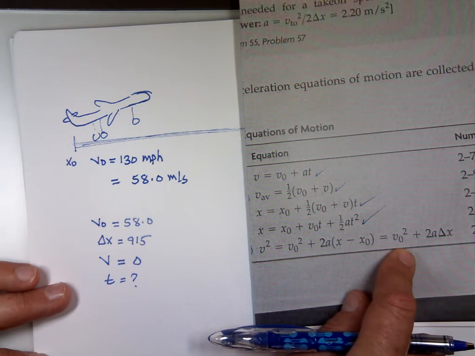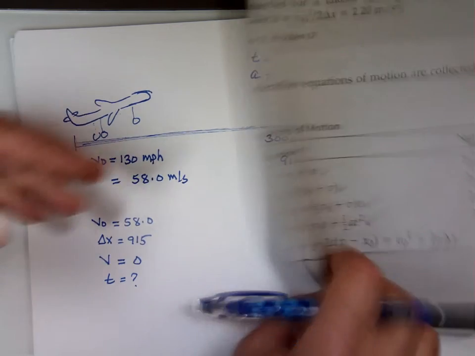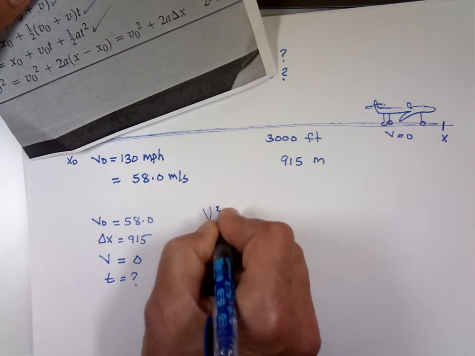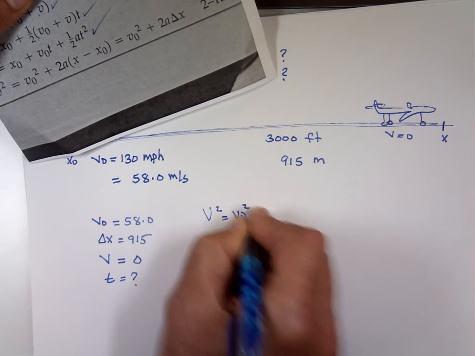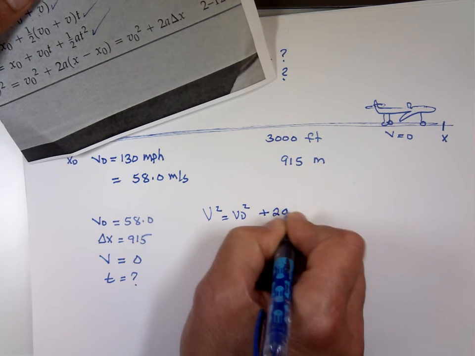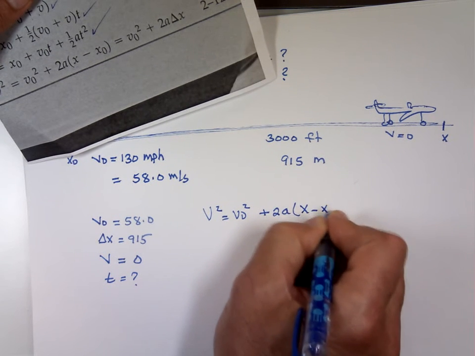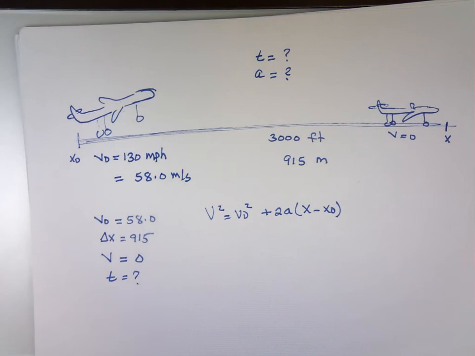You can say v final squared equals v0 squared plus 2a times x minus x sub 0. 0 squared, that's 0.